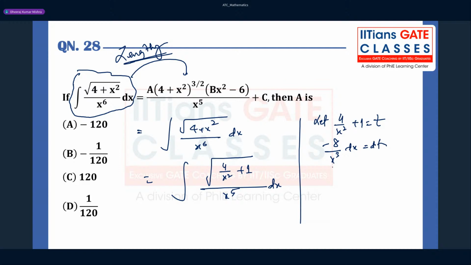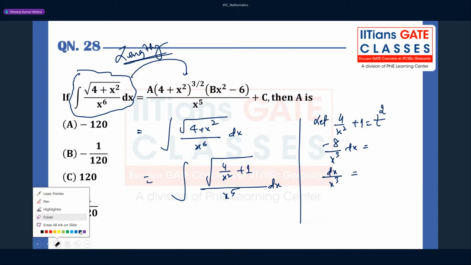So this can be written as dx by x cube is equal to... You have to replace this 4 by x square plus 1 as t square. So this will be 2t. Why 2t? Because if t square is under the square root, you can just take t. That is the first step.